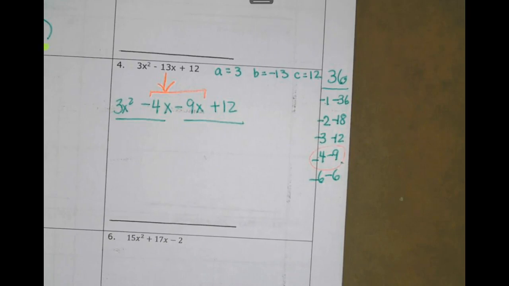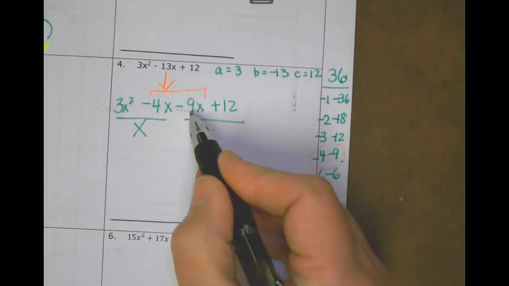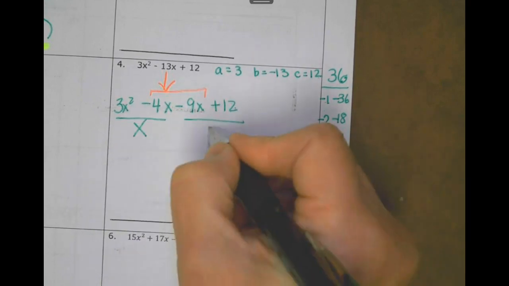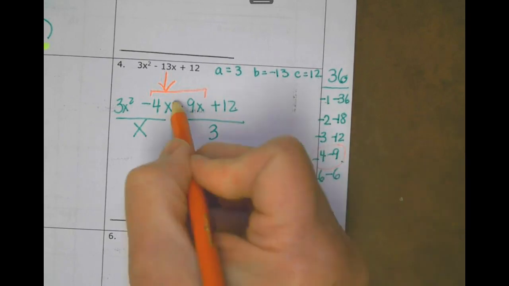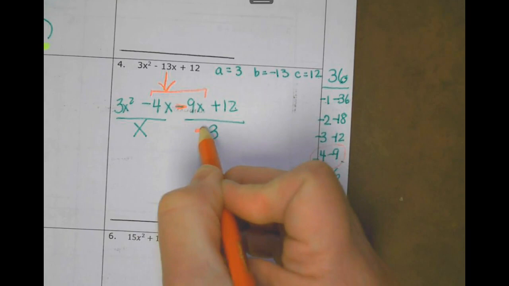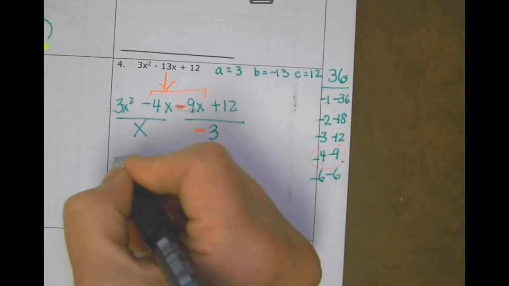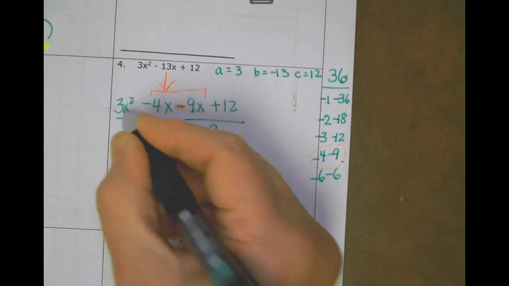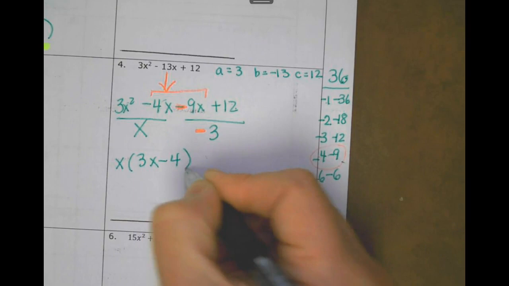What factors out of the first group? 9 and 12 divide by 3. If this is negative, I need to factor out a negative. Factor out the x, that cancels out one of those x's, that cancels out that x.